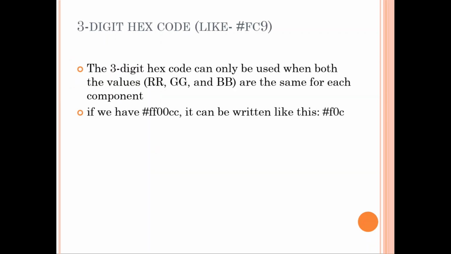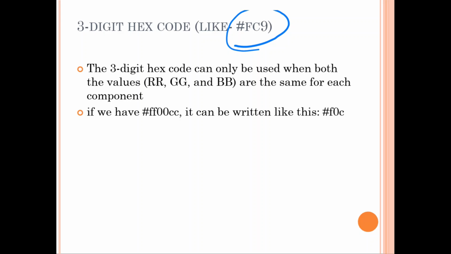The next type of value is the 3-digit hex code. The 3-digit hex code can only be used when both digits are the same for each component of red, green and blue.